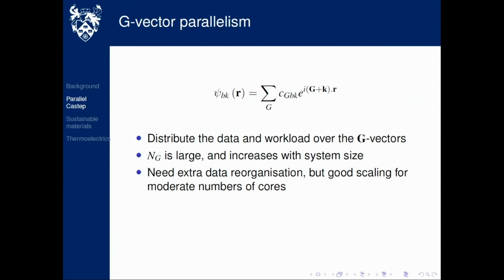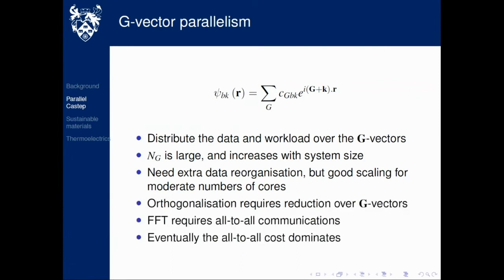And as I have a bigger and bigger system and I try and simulate more volume, it increases with system size. So this is good because the bigger the system we have, the more G vectors there are, so the more scope there is to use my parallelism. It does need some extra data reorganization, but it's reasonably good scaling for small to medium numbers of cores.